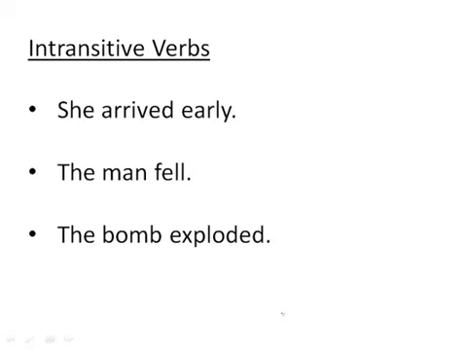So here we have, she arrived early. She is the subject, arrived is the verb, and I said a moment ago that intransitive verbs are those verbs that cannot take a direct object. But you may be thinking, wait a second, there's a word over here, early. So isn't early the direct object?